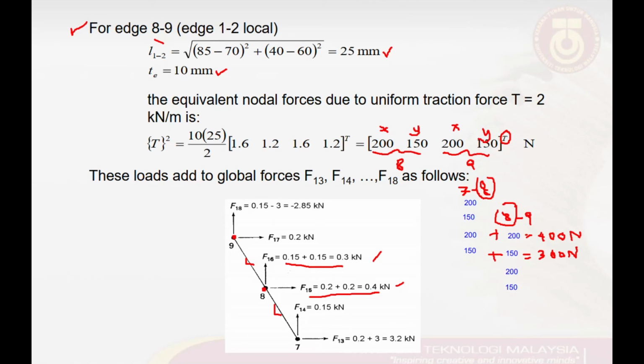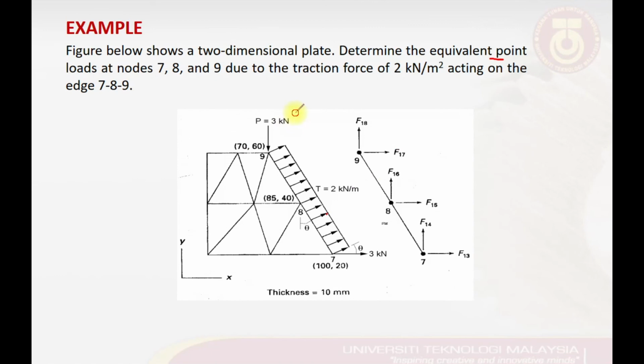But there is one more force that we still haven't included at this stage, which is the point load applied to node number 9. We have a 3 kilonewton force applied at node number 9 in the vertical direction, pushing point number 9 downwards. So now we have to include this point load in our force calculations.